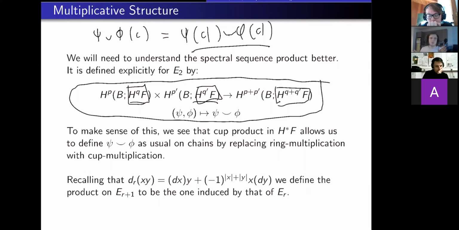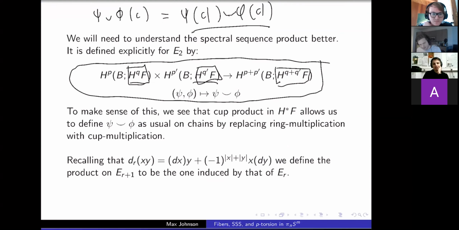The upshot that I want you to keep in mind is that if something seems like it should work out in terms of the normal cup product, it normally ends up working out on the spectral sequence. So the product of two generators is usually going to be a generator, stuff like this.